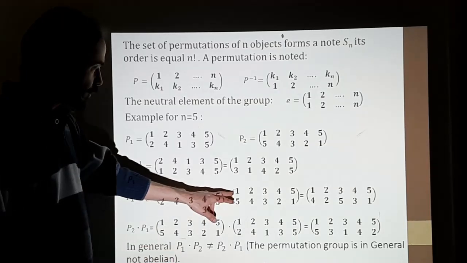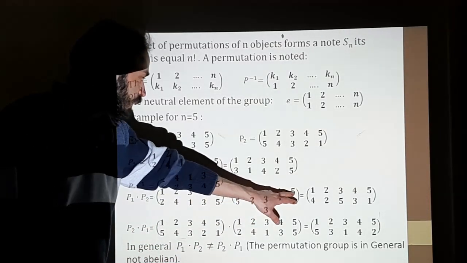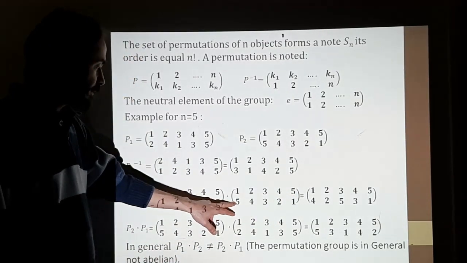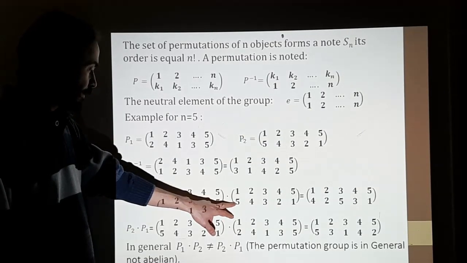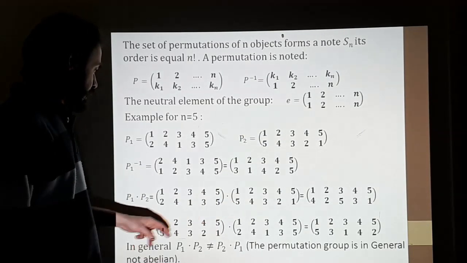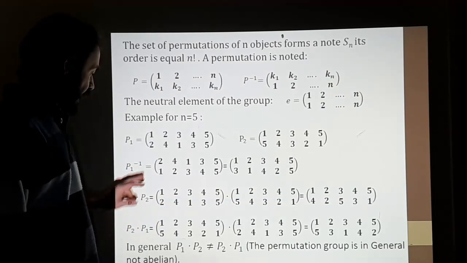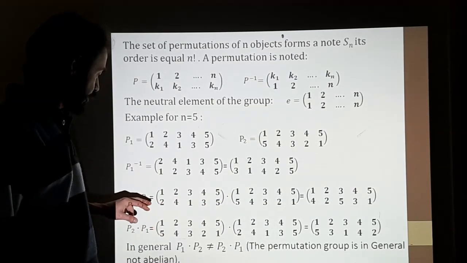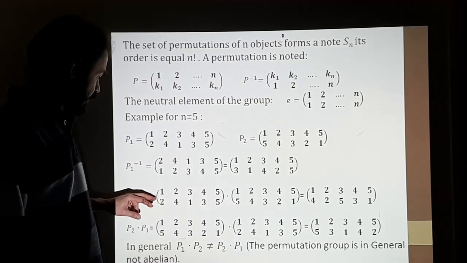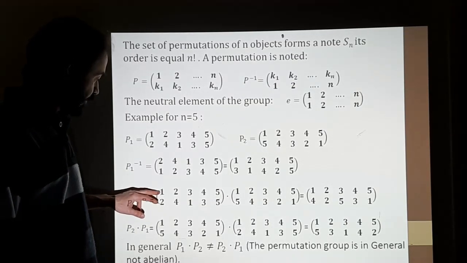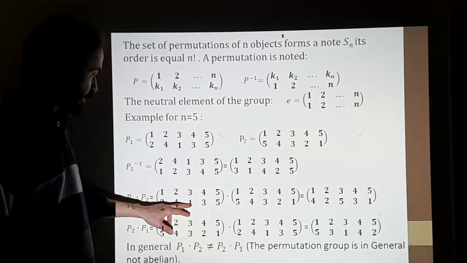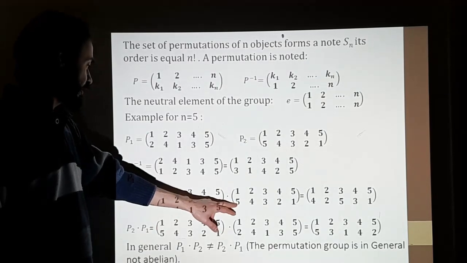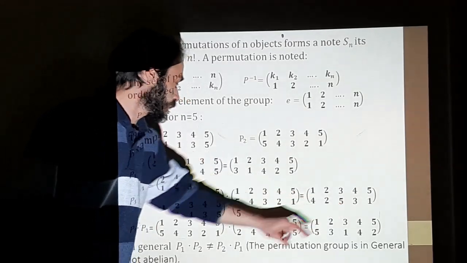The permutation 2 consists of putting, for example, the fifth object in first position. Now, when I make the permutation 1 act on it, the permutation 1 puts the first object in third position. So this first object here will be in third position.